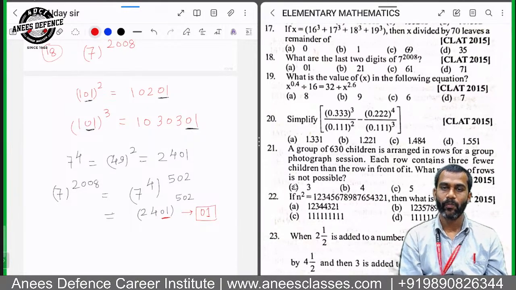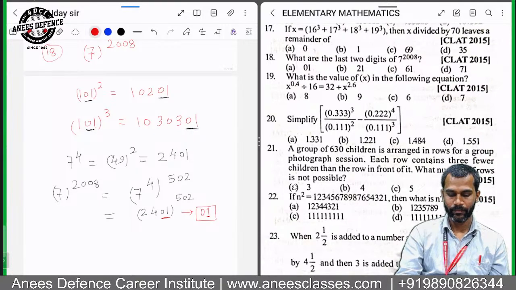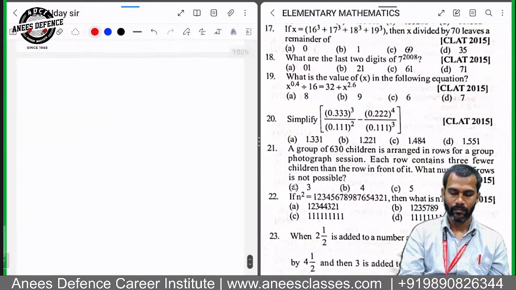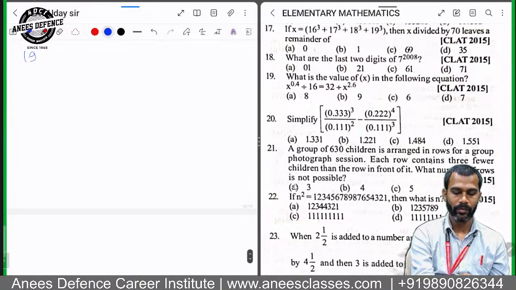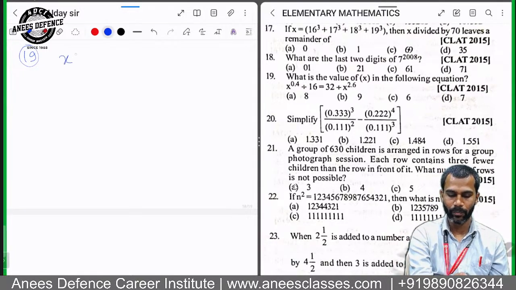Question number 19 now. What is the value of x in the following equation: x to the power 0.4 divided by 16 is equal to 32 plus x to the power 2.6.